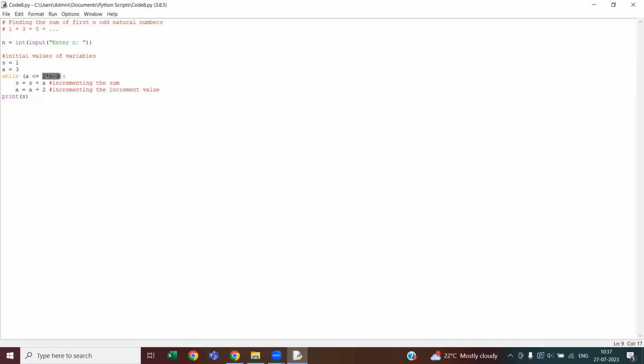Second, you must know how each term changes. If you're finding the sum of the first n natural numbers, it is going to get incremented by 1. If you're finding the sum of the first n odd or even numbers, it is going to get incremented by 2. If you're finding the sum of multiples of 5, let's say, then every term gets incremented by 5, and so on.